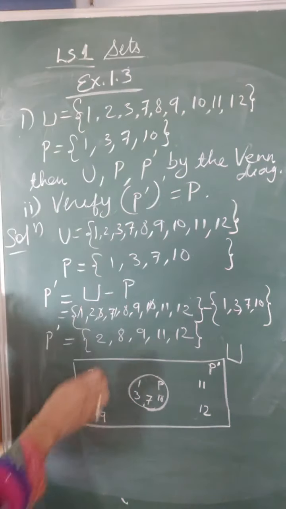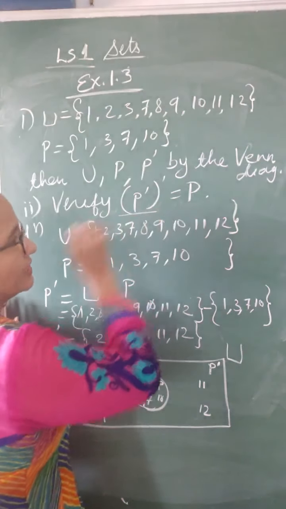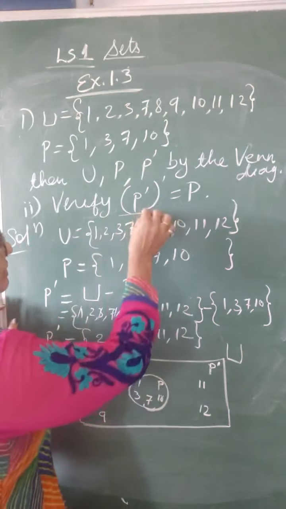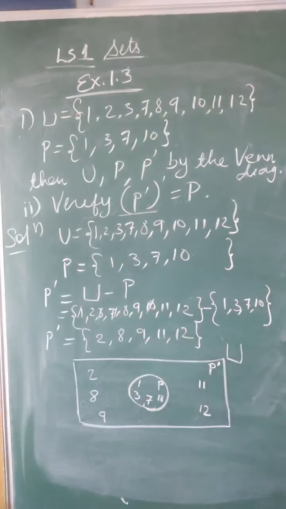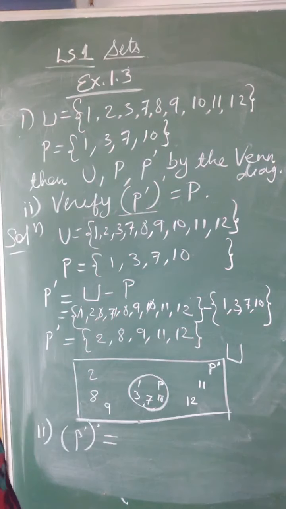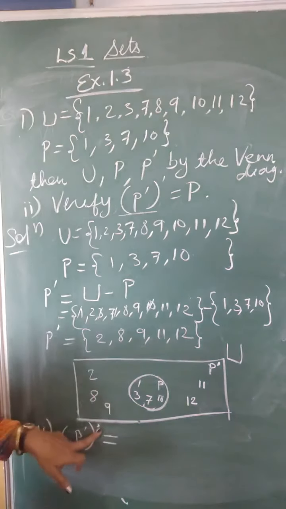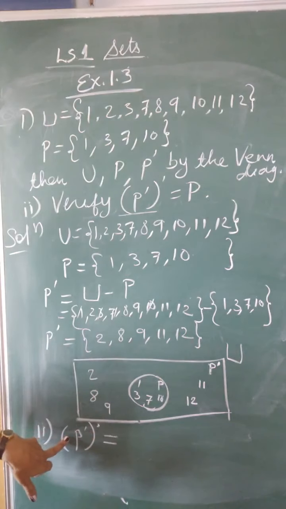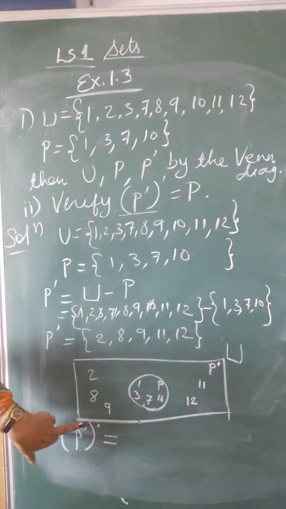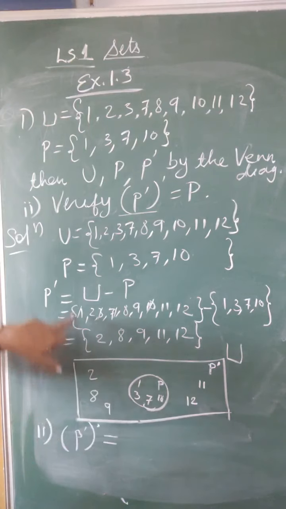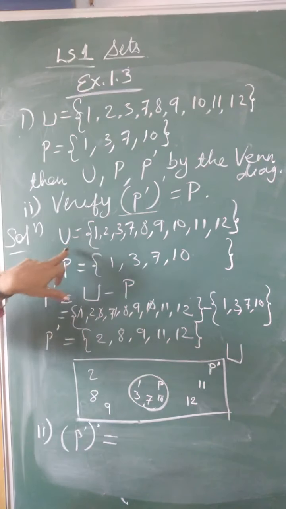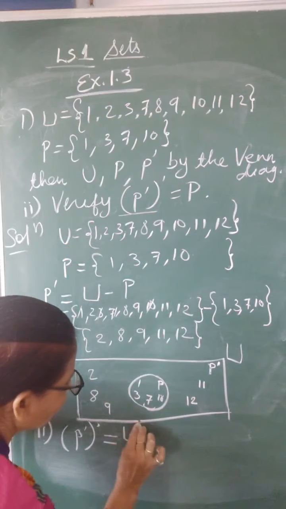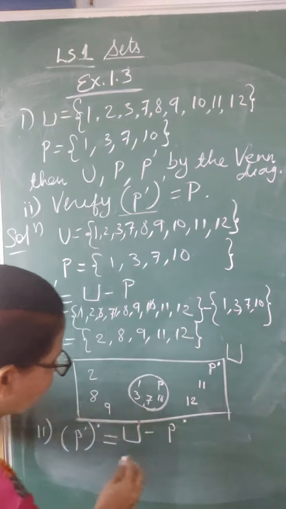First you will find the left hand side. Complement of P dash means you have to subtract the elements of P dash from the universal set. So you will write U minus P dash.